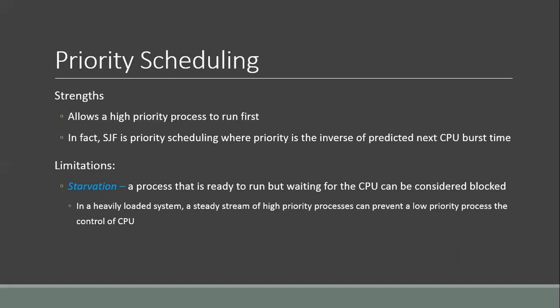Because these are high priority processes compared to the blocked process, they will be allocated the CPU, and our blocked process will keep waiting for the allocation of CPU. And this waiting time may be indefinite. So how can we deal with this situation?